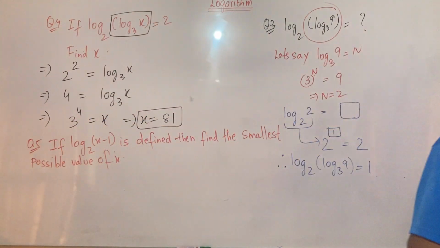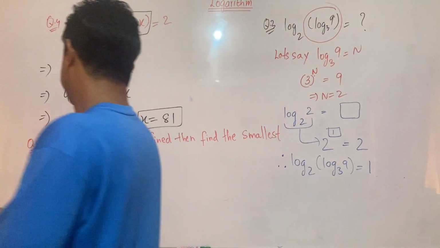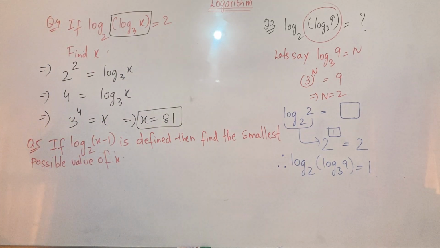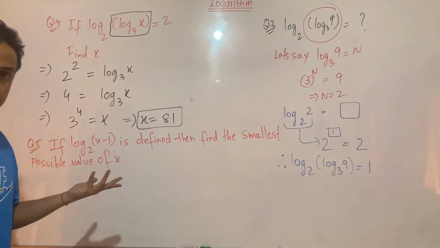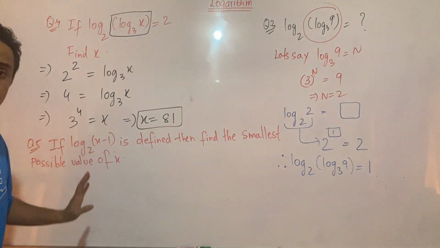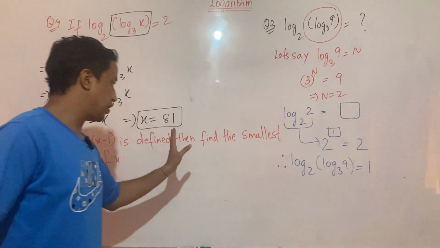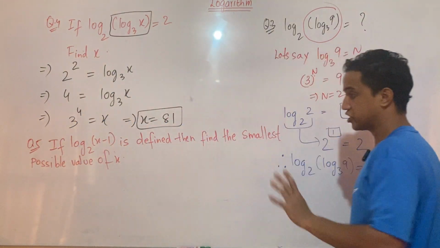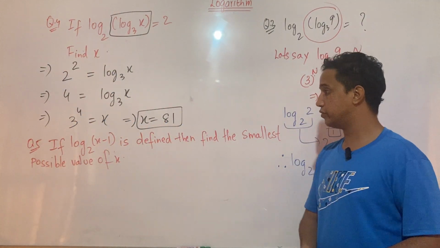All right, so let's see. Now it is given to you that this logarithmic function is defined, right? So if it is defined, then you need to find the smallest possible value of x.